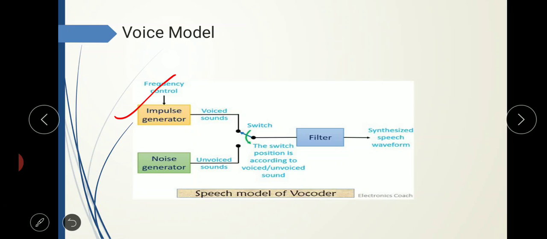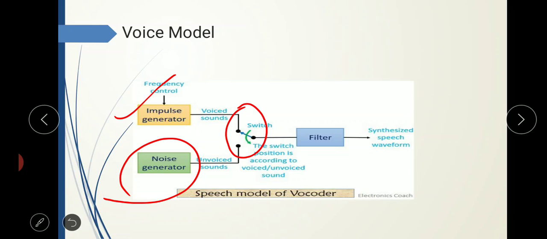Then the noise source present in the circuit, this one, is used to simulate the unvoiced sounds. The position of the switch helps in determining whether the sound is voiced or unvoiced. This switch determines that.